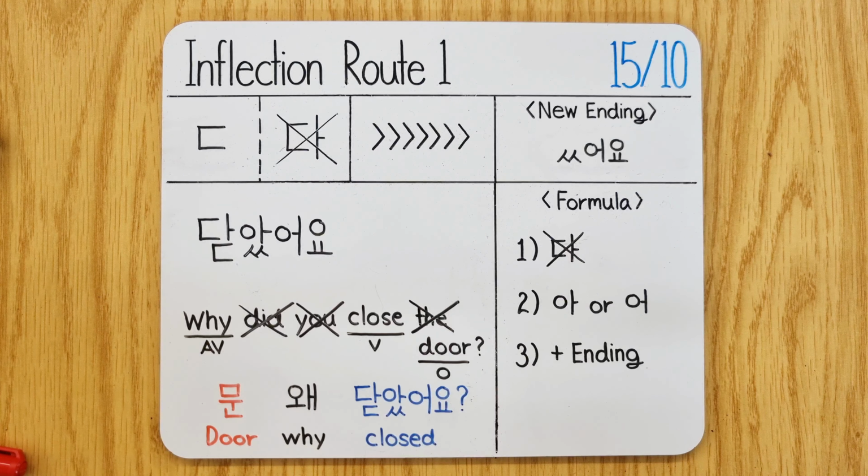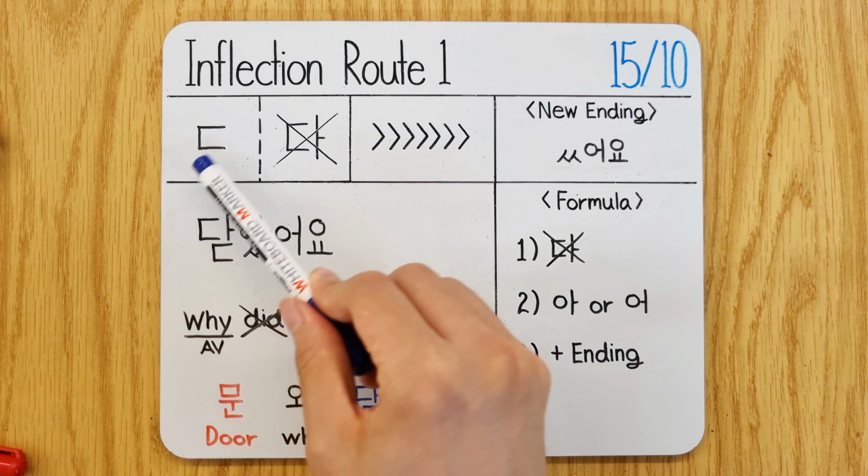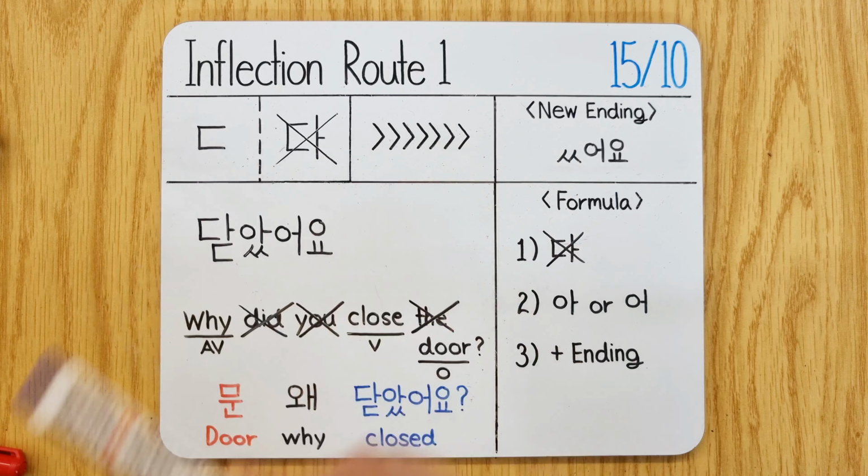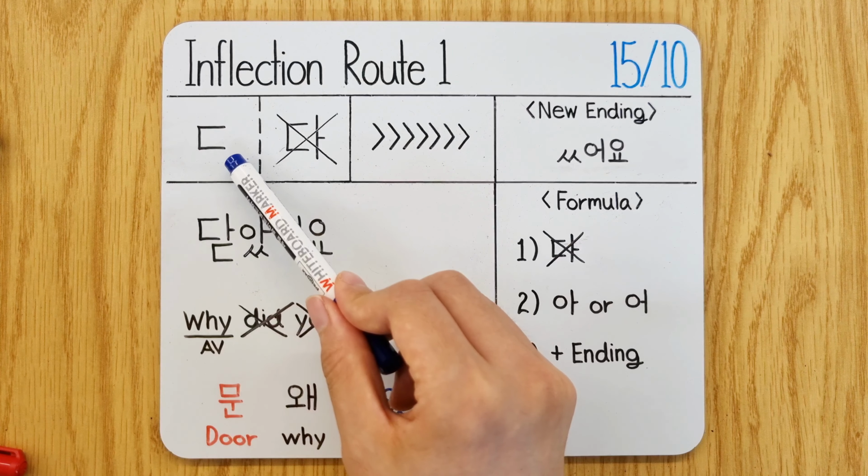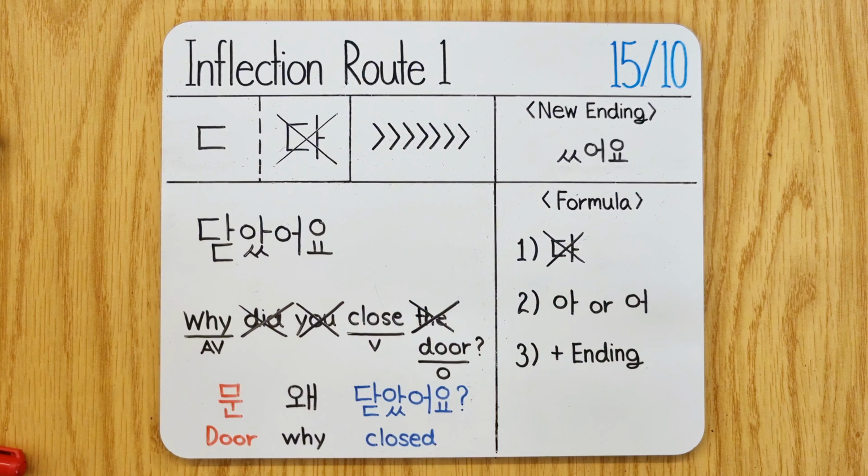Now in the beginning, I said, when it comes to the D situation, there are exceptions. What I mean by that is, there are, in large, 4 words, 4 display forms that also end with the D consonant once ta is removed. However, they do not follow this 3-step formula.